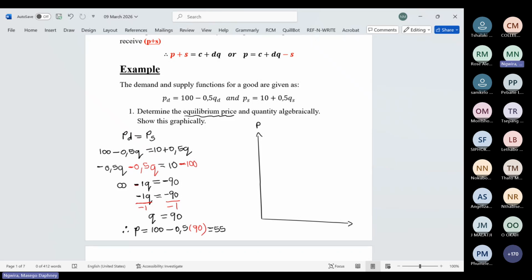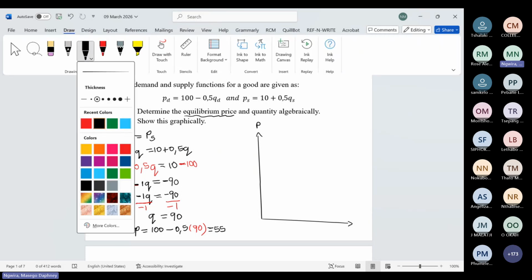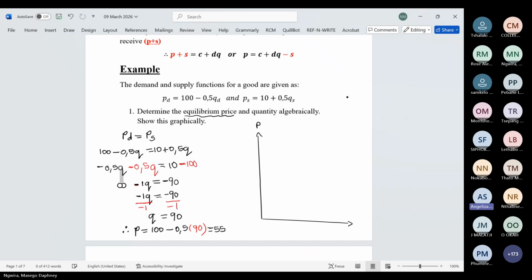It won't always be that your P is here. Sometimes it will be here. It depends on the function that is given. So if we check our function, PD is equal to, so P is dependent, so it's on this line. And then Q is this side, so Q is on this line.